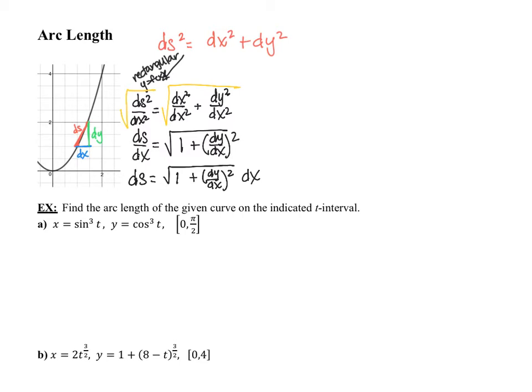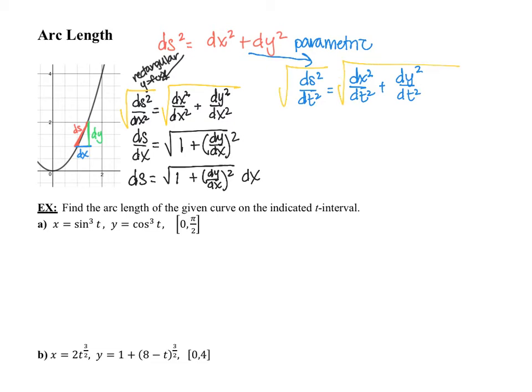But if I want to look at the parametric form of this, which is the section we're in, this is going to be with respect to t. So I'm going to have ds squared over dt squared equals dx squared over dt squared plus dy squared over dt squared. Again, I'm going to take the square root of both sides. Unfortunately, now I don't have as much simplifying.